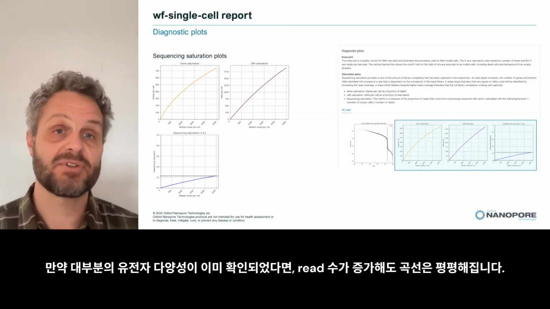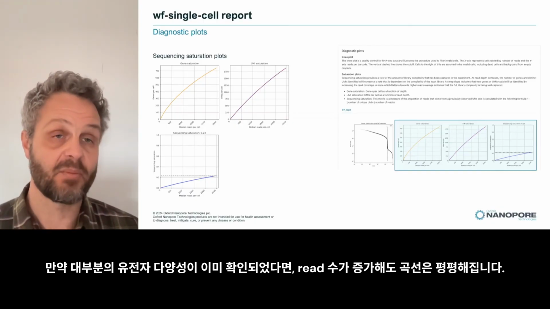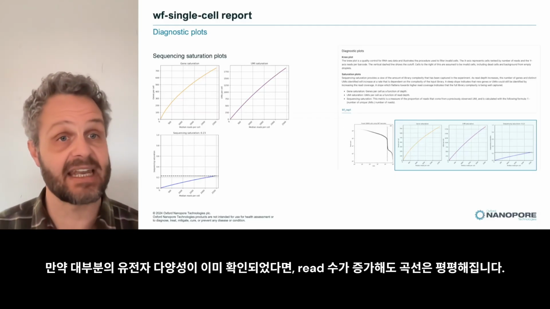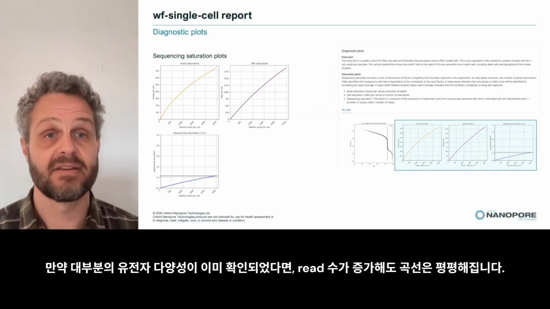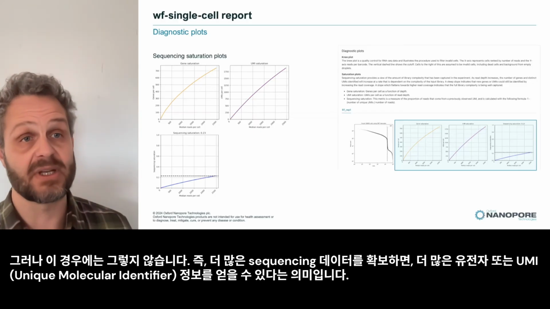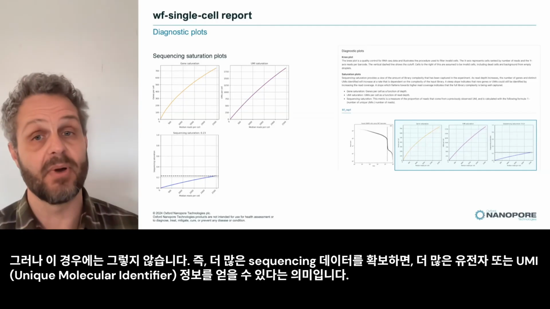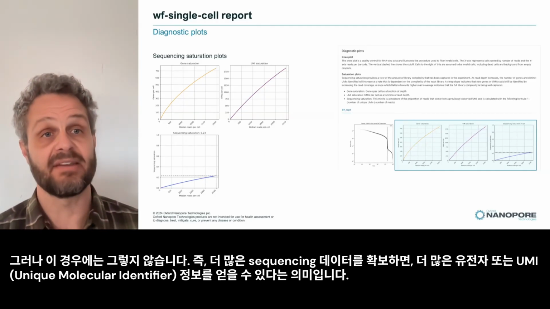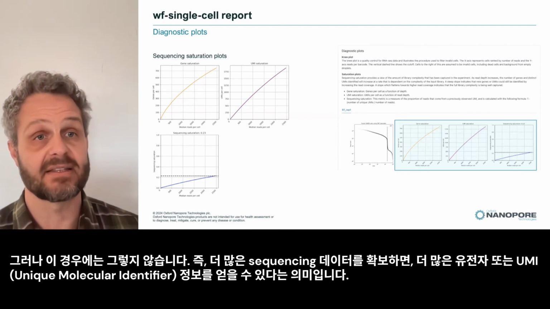If we'd captured much of the gene complexity of the cell, we'd expect the curve to flatten out as the median reads per cell increases. And in this case, we don't see that. So what that tells you is that if we got more sequencing data from this experiment, we'd likely find more genes, and the same with the UMIs as well.